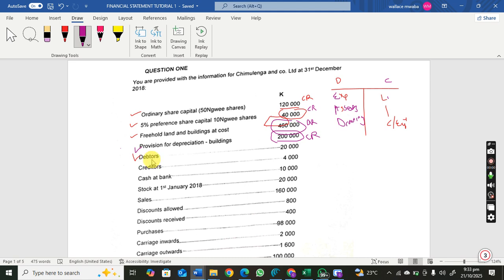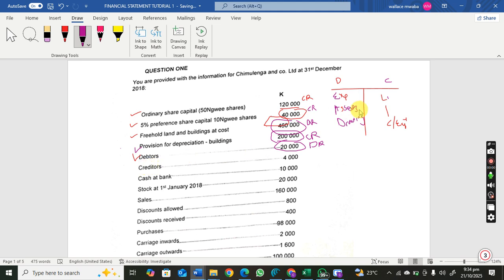Debtors, people who are owing us money. You can see asset is here on the debit side, so debtors will go here, debit side. Creditors, people we owe money. These are liabilities, current liabilities.